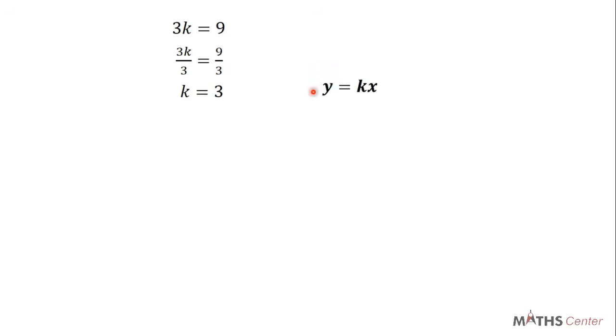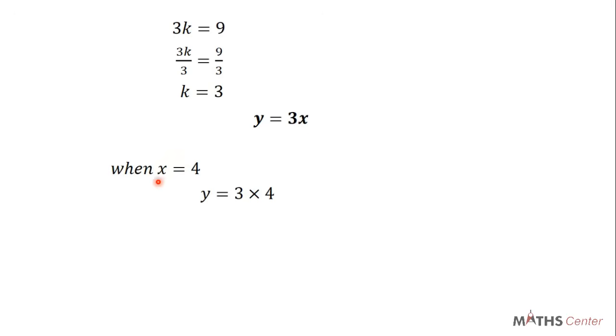But we know that our expression is y is equal to kx. And we have just found out that k is equal to 3. So we have y is equal to 3x. Now we can find the value of y when x is equal to 4, because that is what the question told us to find.